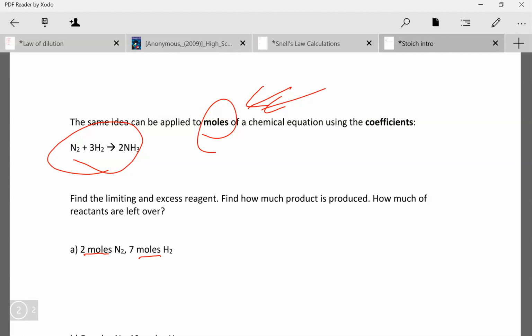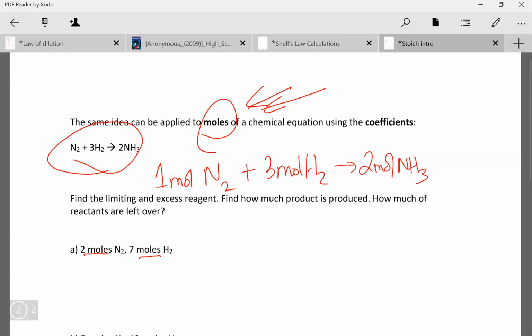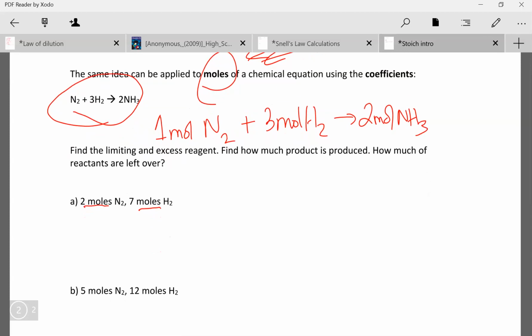Okay, so again, this is giving us the ratio. So 1 mole of nitrogen combines with 3 moles of hydrogen to give us 2 moles of ammonia, right? So now, again, 2 moles of nitrogen, I do 2 divided by the 1 here.